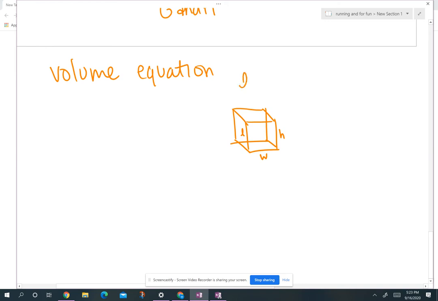So you have to make sure that you are able to multiply those things together. If you have a sphere, it's usually a 2 pi r deal, so keep in mind that those are different things you can use to find volume. But don't forget that for a cube, it's length times width times height.